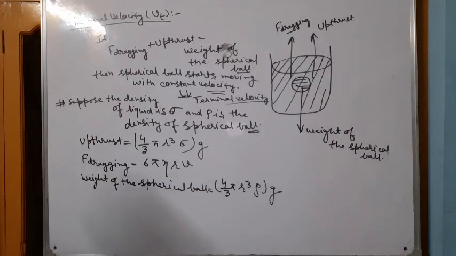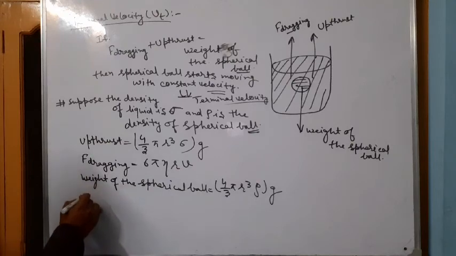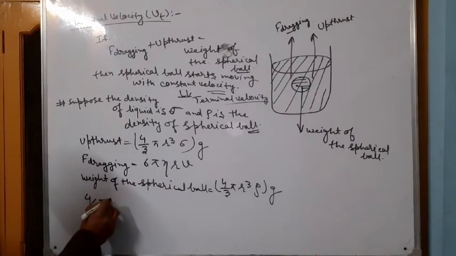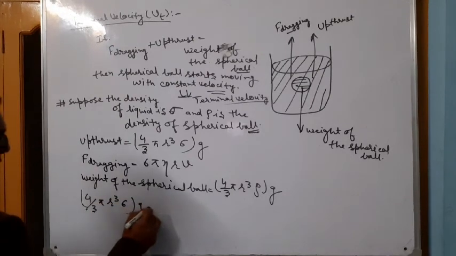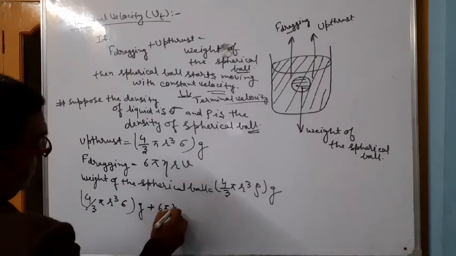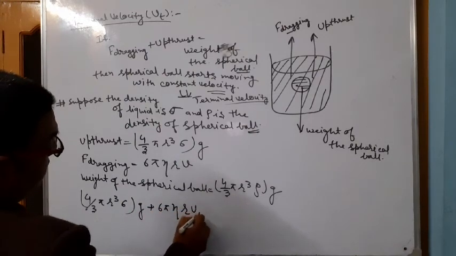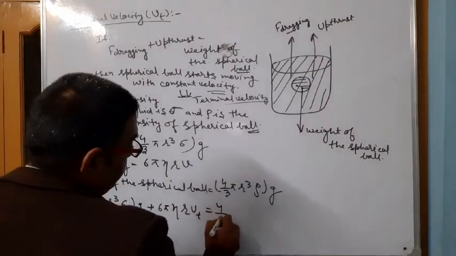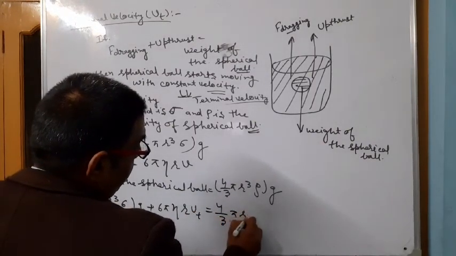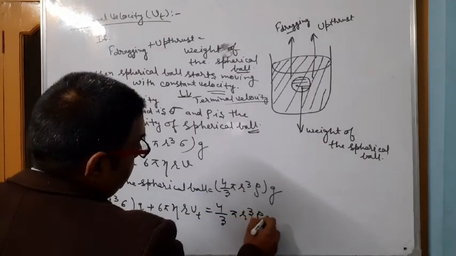Now equating all this, 4 by 3 pi r cube sigma g plus 6 pi eta r vt, that is terminal velocity, is equal to 4 by 3 pi r cube rho g.